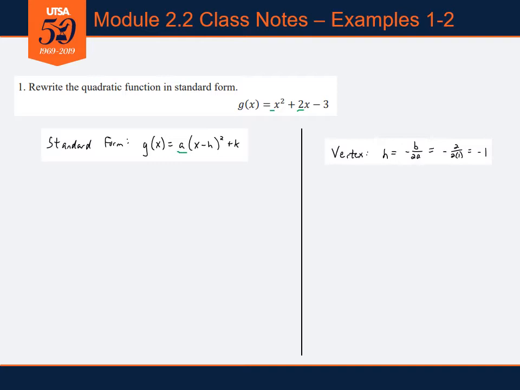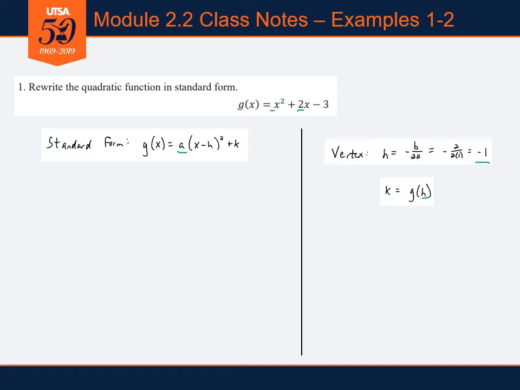If we know the input value, we know how to find the output value. We now have the input value, negative 1. We're going to input that into the function to find the output value. Here k is equal to g of h, meaning take the number that we just got for h, plug it back into the function, and get your output value.